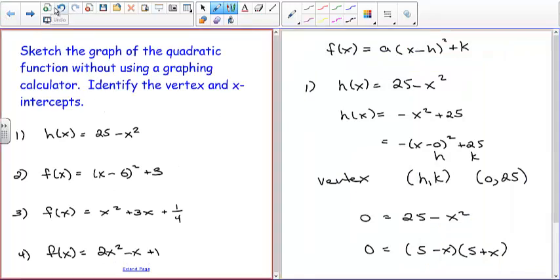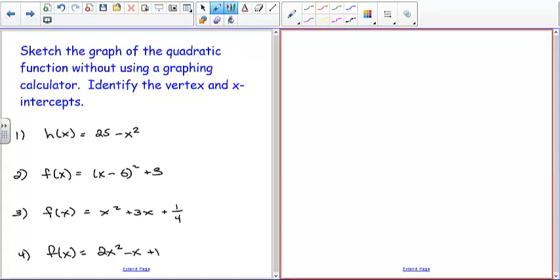Okay. The next one is actually already in standard form. And notice it did ask specifically for the vertex and x-intercept. Even though I didn't read that part, it's kind of ingrained in me.